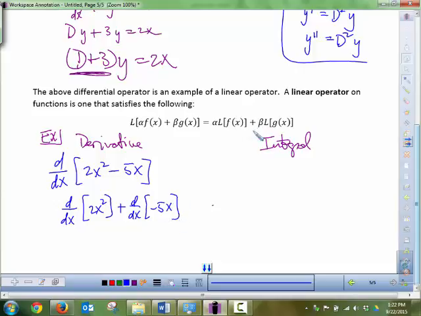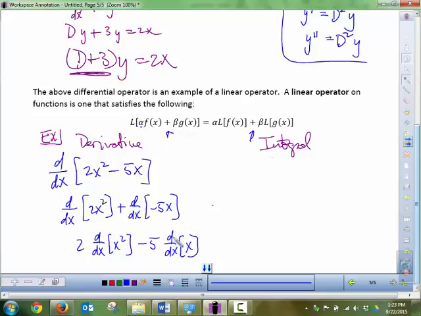So that's the part where you break up this sum into two different terms. And then you take the constants out. And then you would take the derivative. Okay? So that makes it linear.